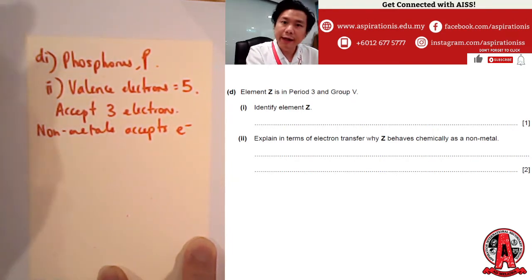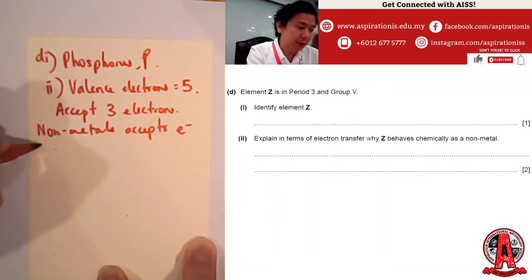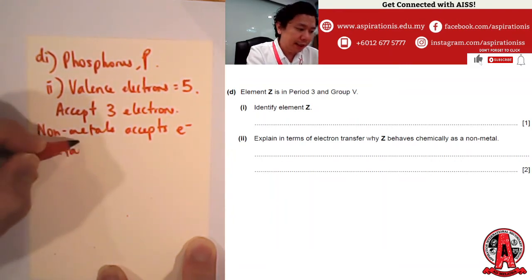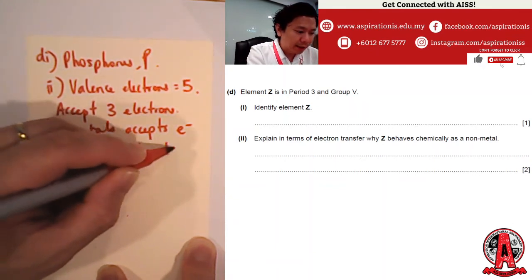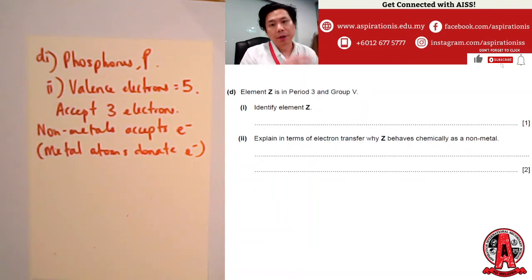So this is why phosphorus behaves like a non-metal, because it accepts electrons. You need to understand that metal atoms donate electrons, non-metal atoms accept electrons. So this is why phosphorus behaves like a non-metal, because it accepts electrons. I hope this is clear.